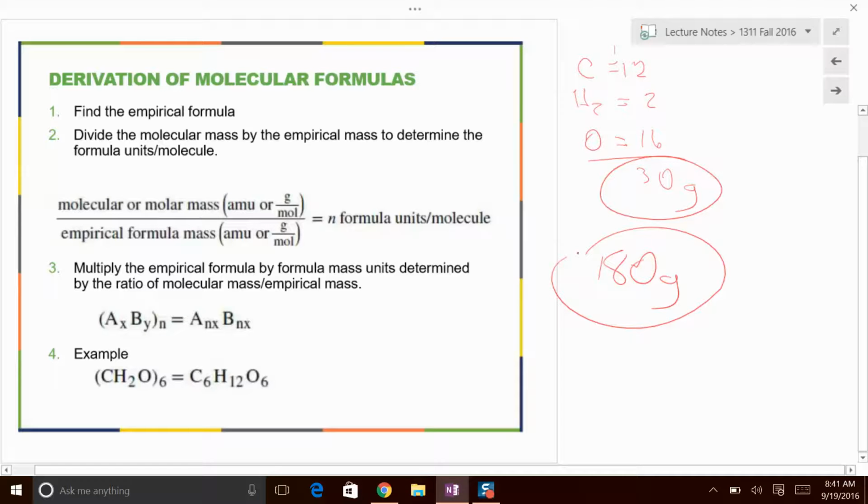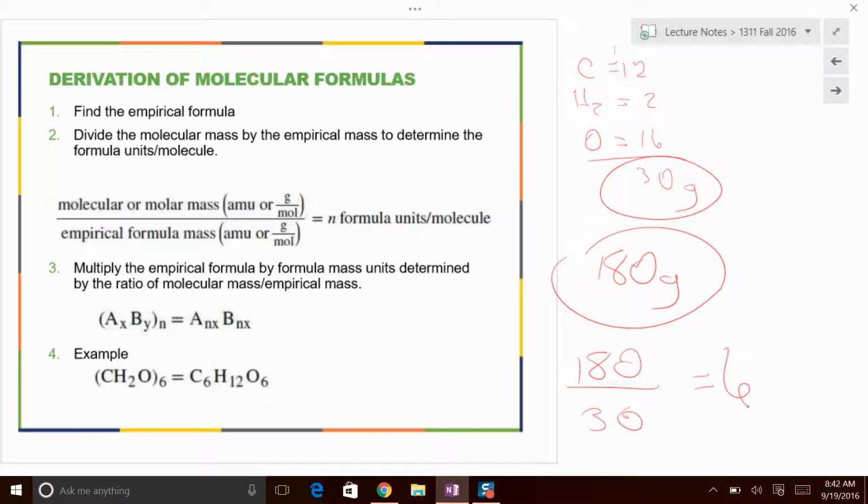So the molecular mass goes on top, divided by the empirical mass, which is 30. And then I would find out, so 180, somebody take 180 divided by 30. I did it right. It's 6, right? So that's how I know to multiply this whole thing by 6. Because that's the difference in the masses there.